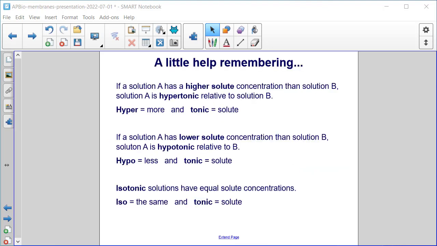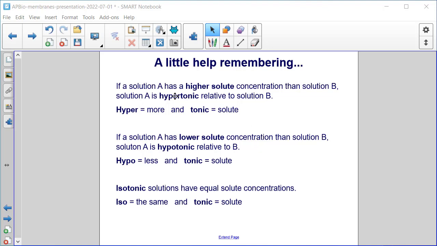All right, for a little help remembering these different solutions, if a solution A has a higher solute concentration than solution B, solution A is hypertonic relative to solution B. Hyper meaning more, tonic meaning solute.